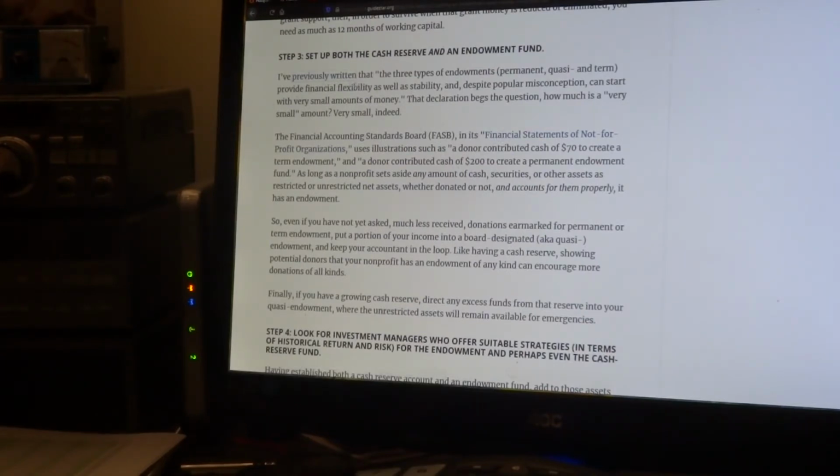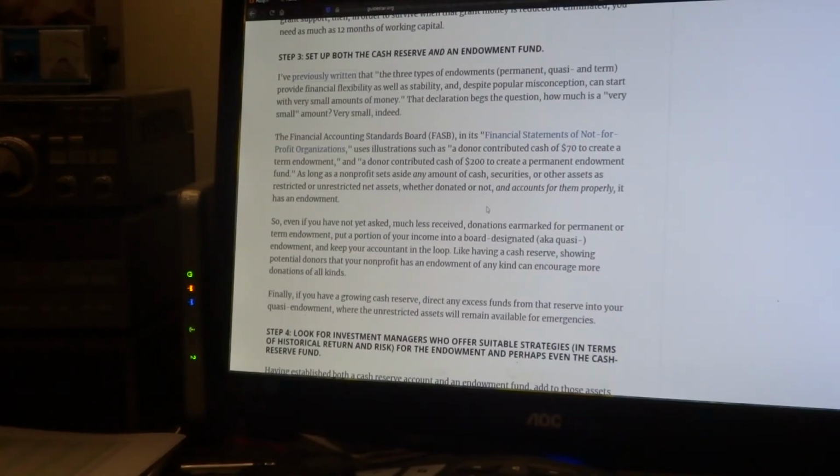3 types of endowment: provide financial flexibility as well as stability, and, despite popular misconception, can start with very small amounts of money. That declaration begs the question, how much is, quote, very small amount? And then the answer is very small indeed.